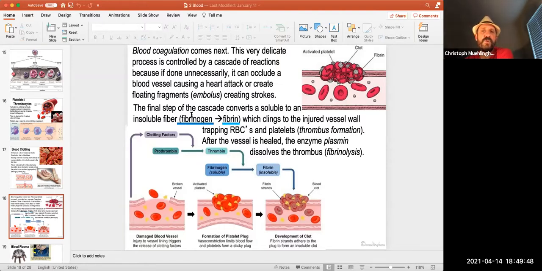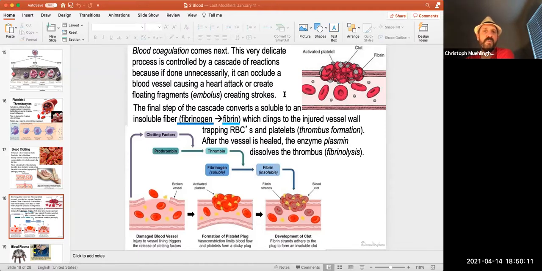But in order to do that, we need an insoluble fiber, because the fiber can stick it all together. That's when we get fibrinogen going into fibrin. The fibrinogen is the soluble fiber that doesn't do any damage if it's not needed, and the fibrin is the insoluble fiber that gets the clumping going on.